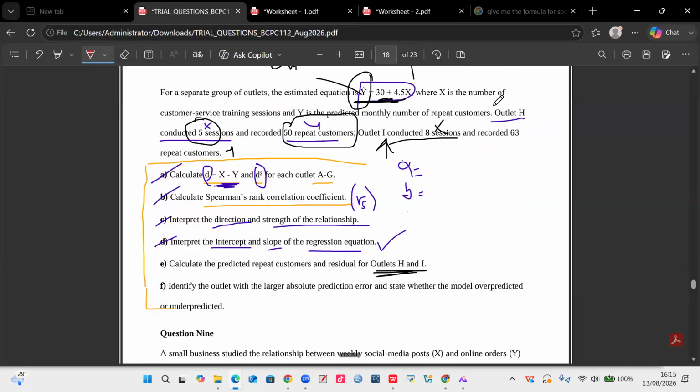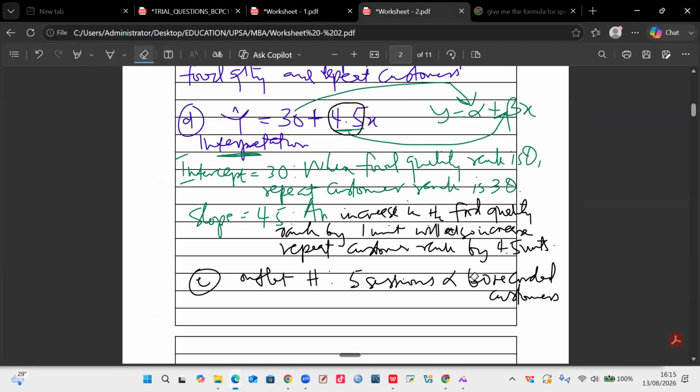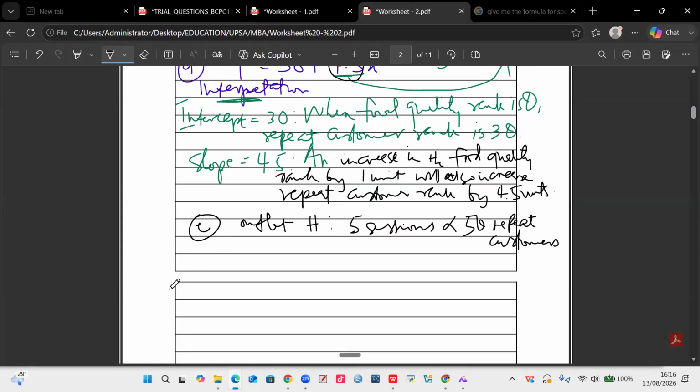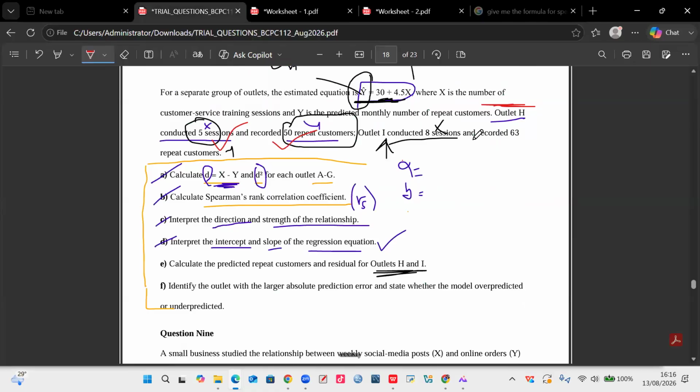Outlet H, 5 sessions, 50 repeat customers. So it's not 60, it's 50. Okay, so we write the regression equation. Y equals what? Y hat, or Y estimate, equals 30 plus 4.5x.